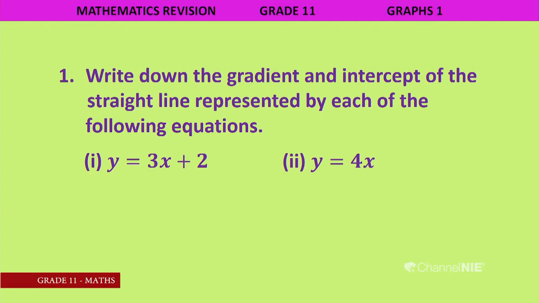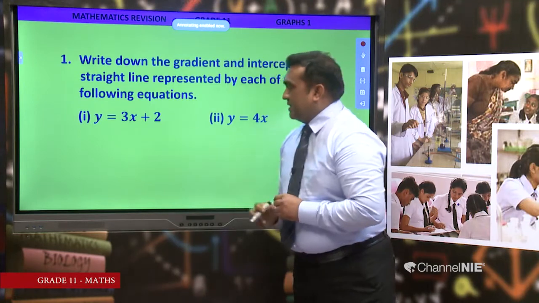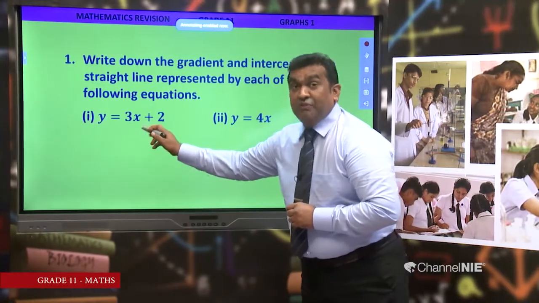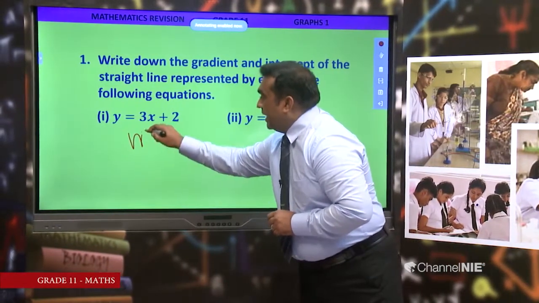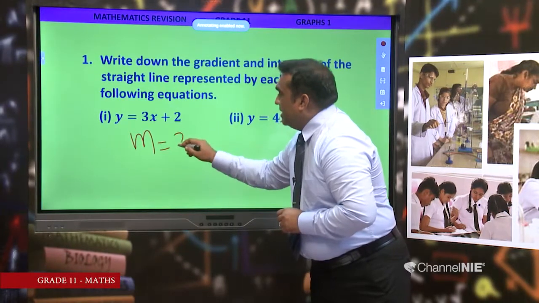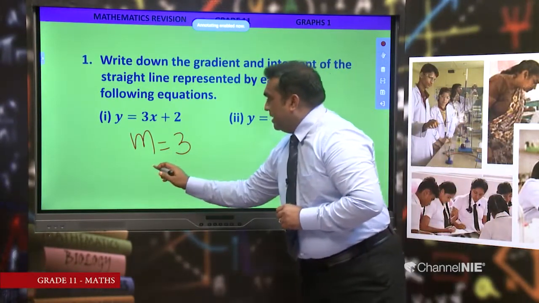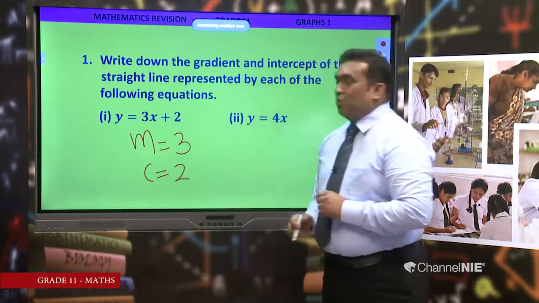According to our definition, the coefficient of x is the gradient, the number in front of x. Therefore, what is the gradient here? m equals 3. The gradient is 3. The intercept c, the number after the x, is 2.